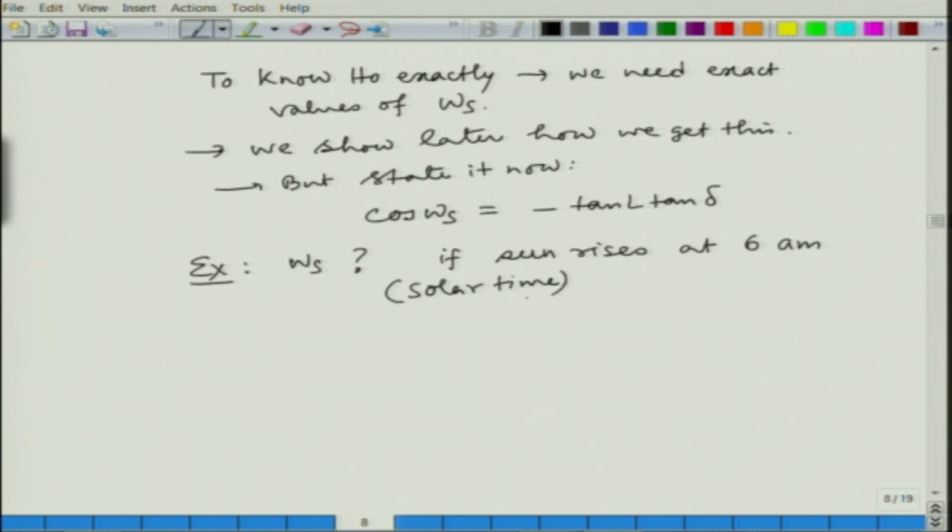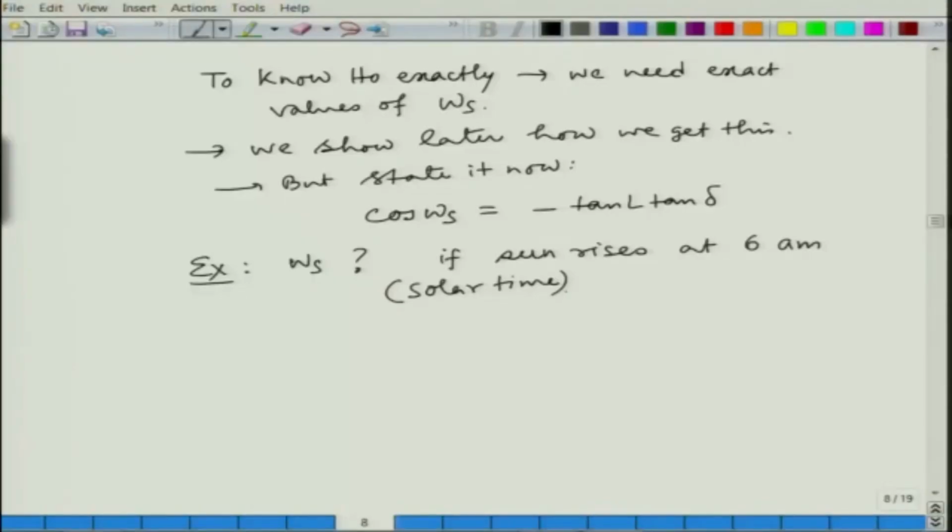So, with respect to the motion of the sun, if it crosses the horizon at 6 am, then this omega s is nothing but 12 minus 6, okay, multiplied by 15 degree, which is 90 degree. Okay.